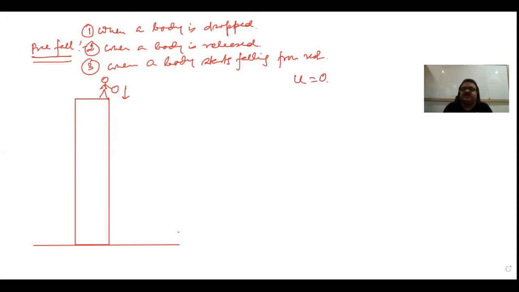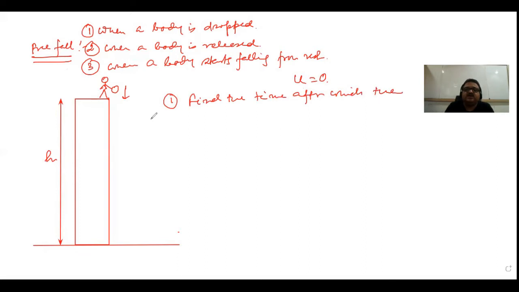Now, if I consider the height of the building to be h, they may ask you a question like this: find the time after which the body will reach the ground, that is, the time taken.